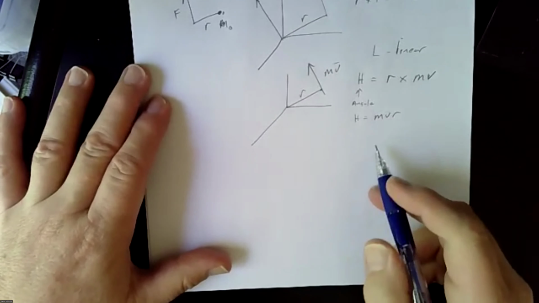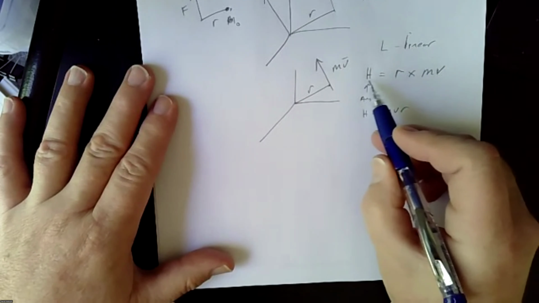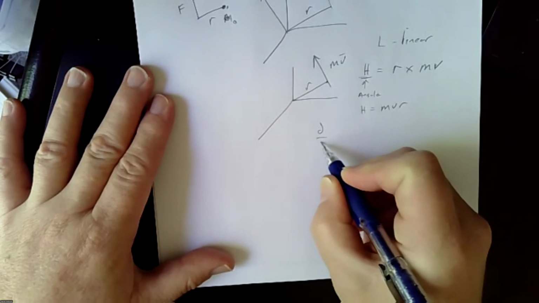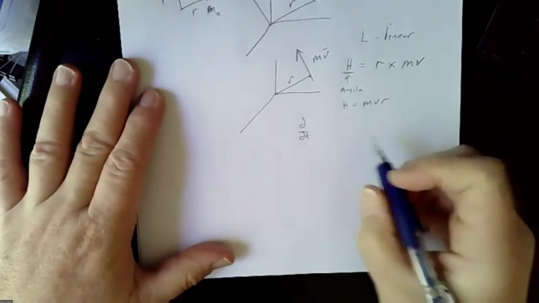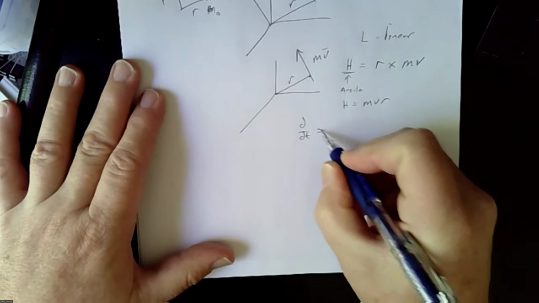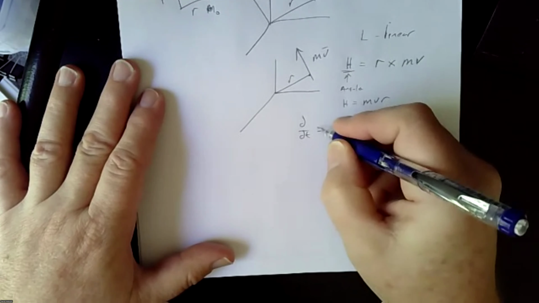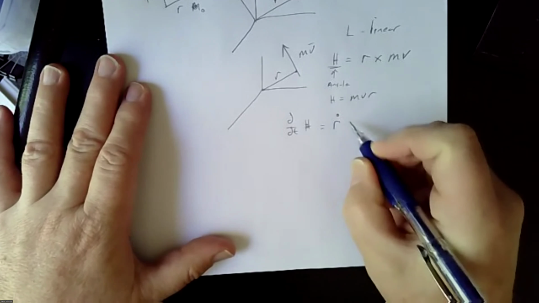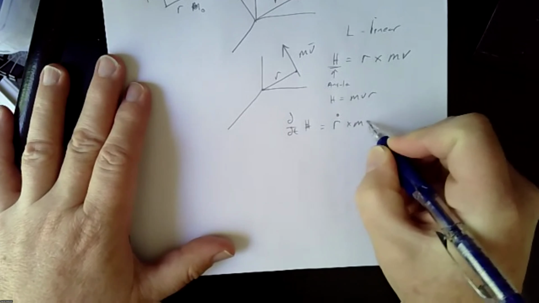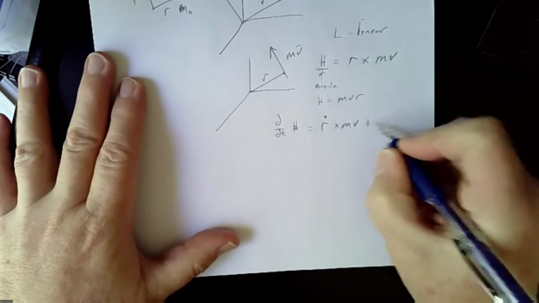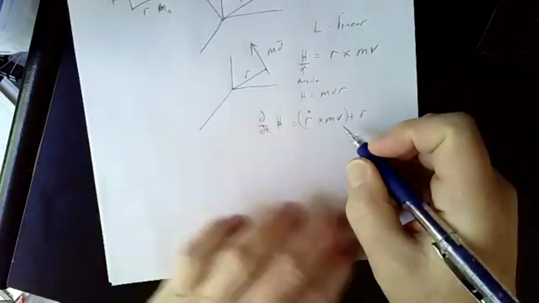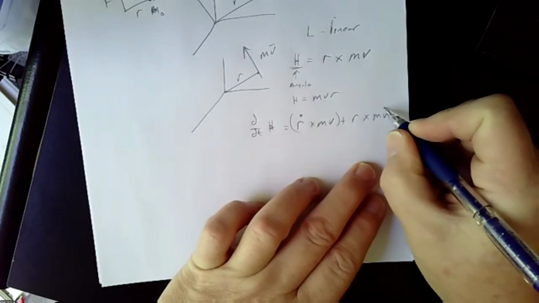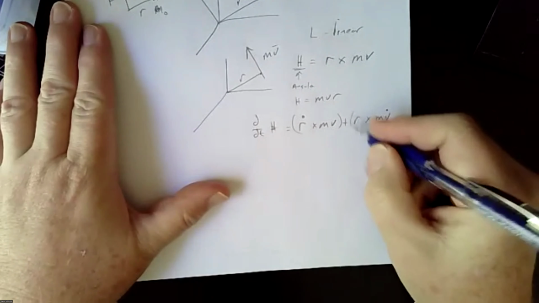Okay. Now, if I take the time derivative of this, so I take d dt, then what do I get? I get that the d dt of H gives me r dot crossed with mv plus r crossed with mv dot. Okay.